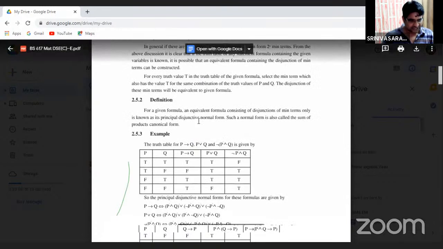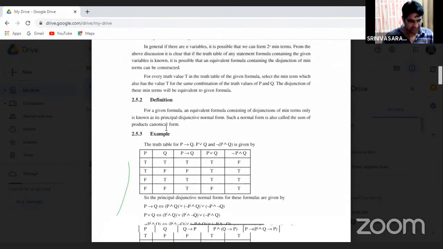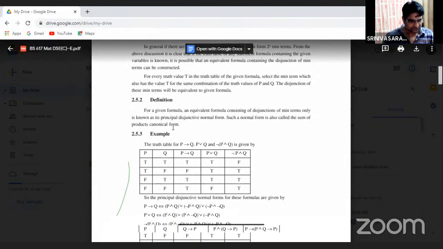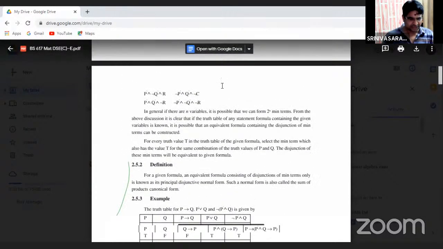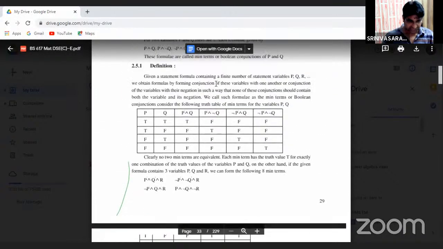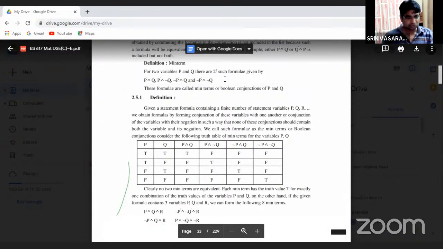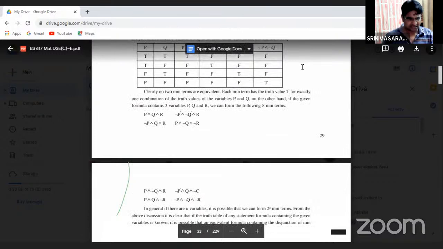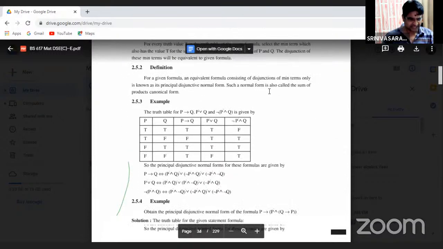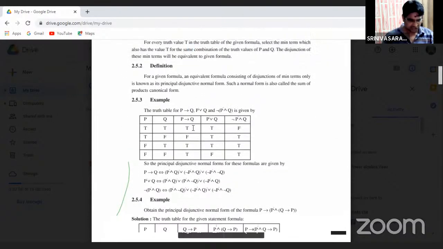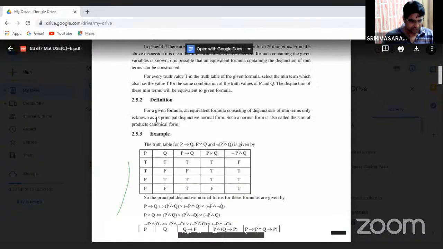This is the observation. What is the canonical form? Through the three variables, how to construct the truth table, in the same manner. You have already practiced this in the previous classes. There is no doubt. Now observe this one.